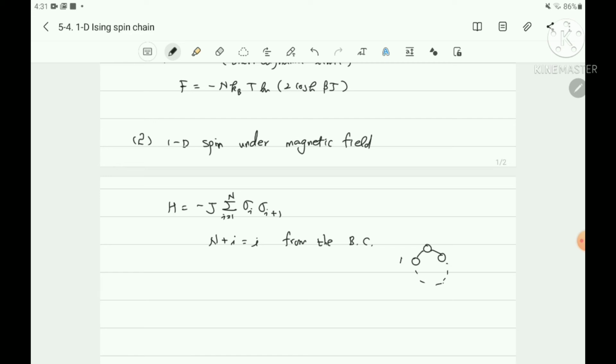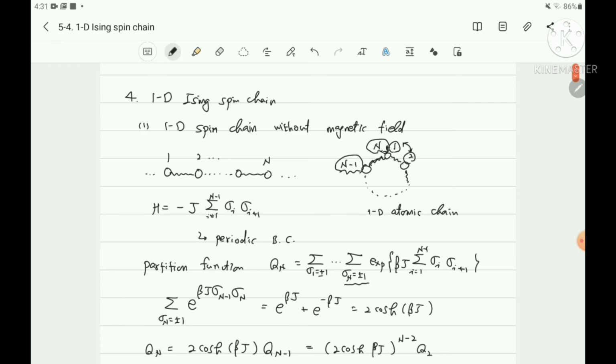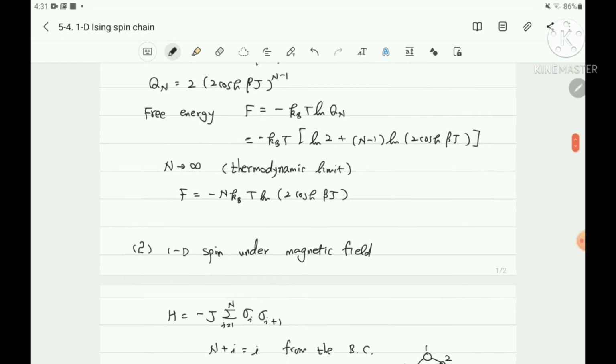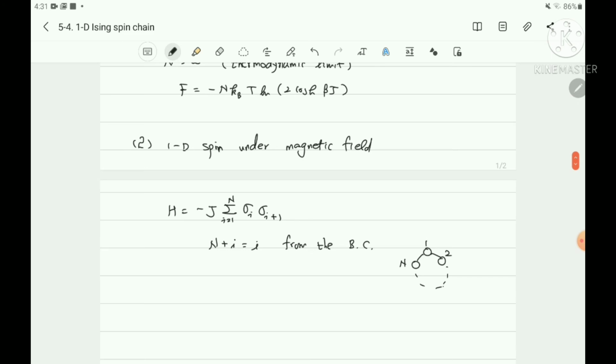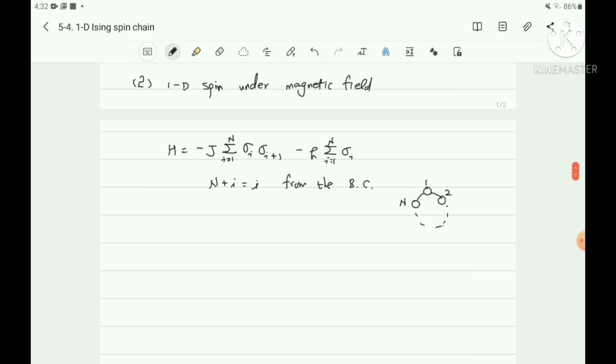Yes, it is n atoms, 1, 2, up to the nth atom connected to the first one. That's why in the previous case, n plus 1 is identical to 1. Therefore, the summation index goes to n here. And minus h, where h is the magnetic field in energy dimension, and the summation for i equal 1 to n of sigma_i.